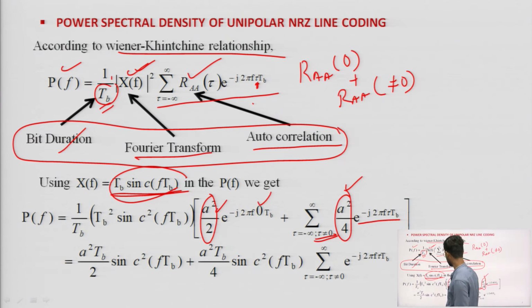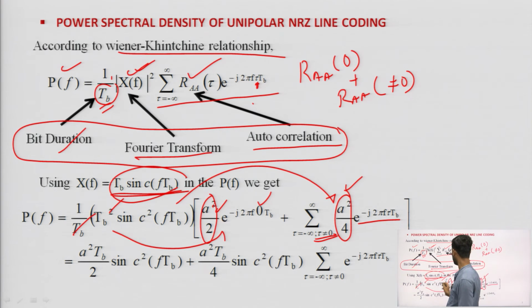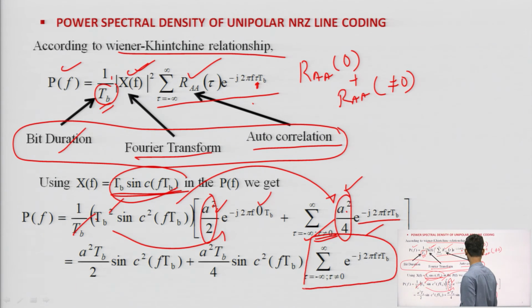So, after opening this, I multiply first this term then this term: A square TB by 2 sinc square f TB plus A square TB by 4 sinc square f TB multiplied by this summation.